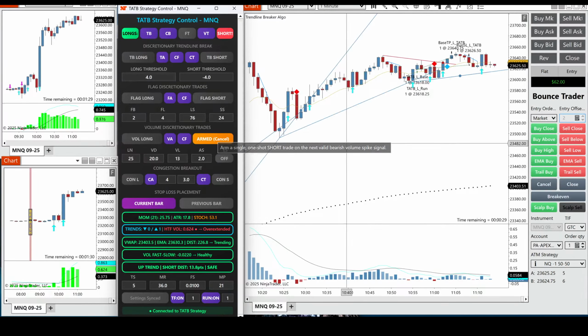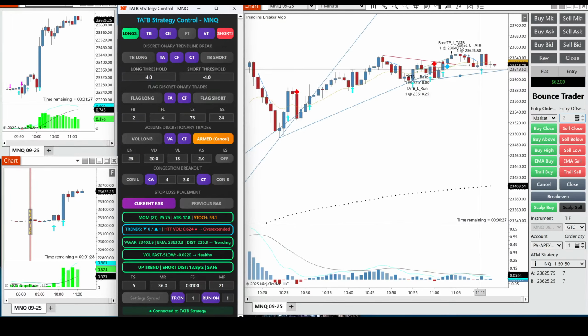And that would be like this was a false move, and this would break the trend line, and to me, that would be a valid setup for a short, for a quick scalp.